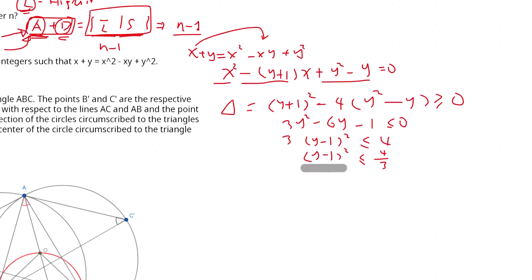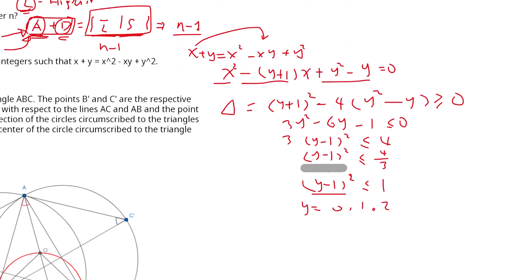That's why we can convert this to (y minus 1) squared smaller than or equal to 1, because it is an integer. Then there are only a few possibilities: y is 0 or 1 or 2. Only 3 possibilities, and we have narrowed down the range.